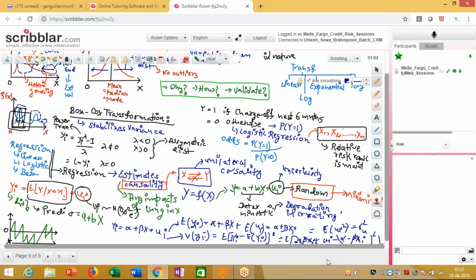So for a skewed distribution, use the beta regression. If you have a skewed dependent variable, that's where the story of the beta distribution actually comes in.